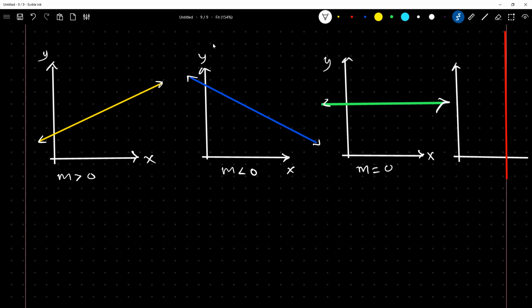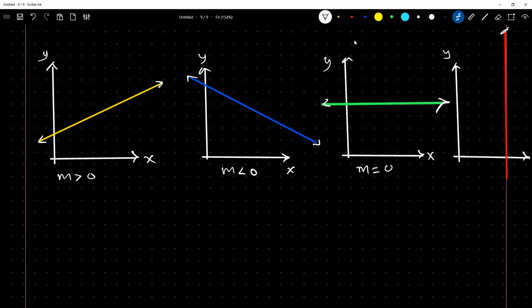And this one over here, we've got a line where the slope is basically something over 0, so it's undefined because we have the same x value, right? And you think about the same x value for every y value.